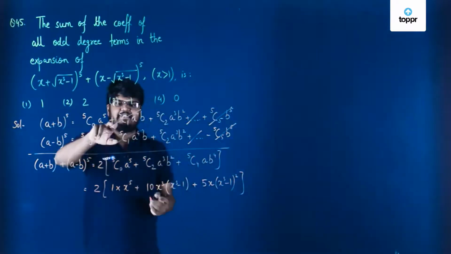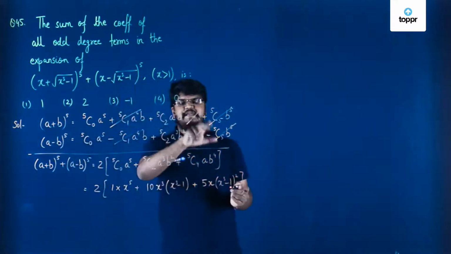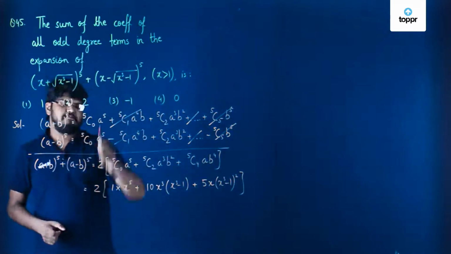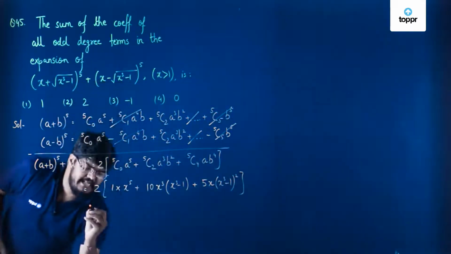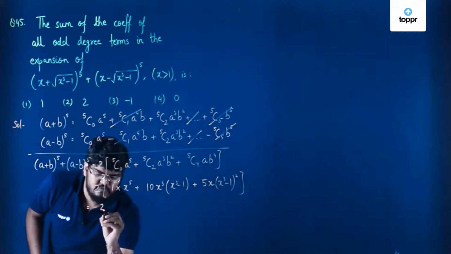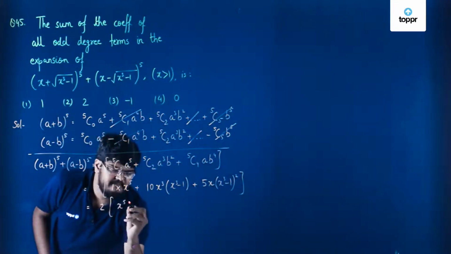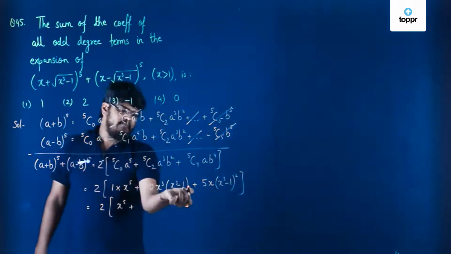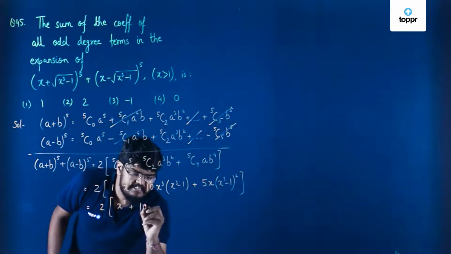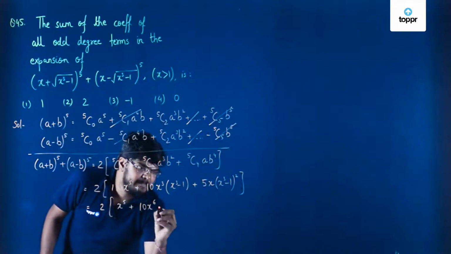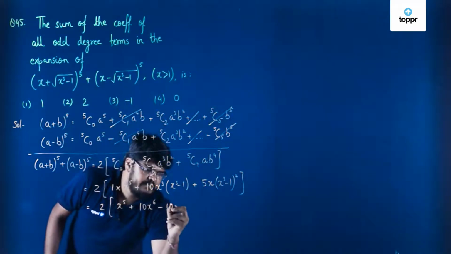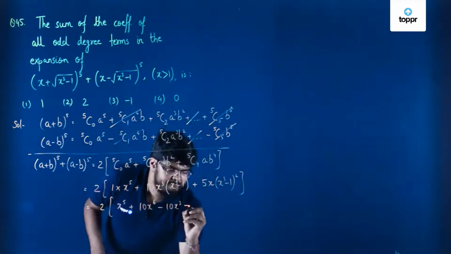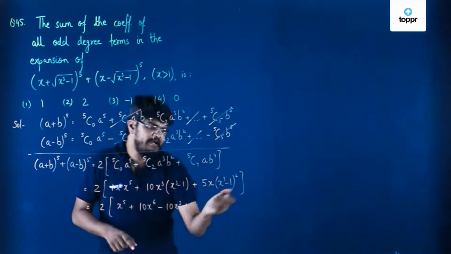You have already seen that the even terms have been cancelled, so this basically is the sum of all the odd degree terms only. So now this will be equal to 2 times [x^5 + 10x³(x³ − 1), so you can say it is 10x^6 − 10x³, then plus 5x(x³ − 1)²].